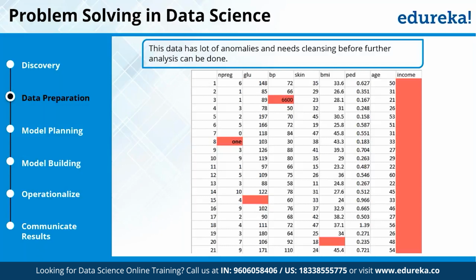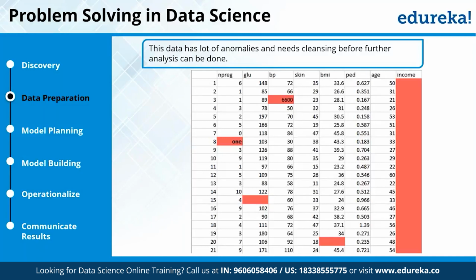For instance, when the attribute for the number of times a woman got pregnant is storing data in integer form, and suddenly you see a character there. The information may be right, but the way it is put in this data set is not. So when you build the model or any analytics on top of this data set, things might not work out very well. It might come out with certain errors and so on.